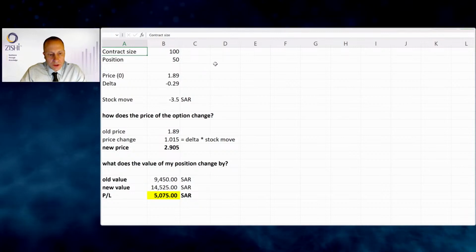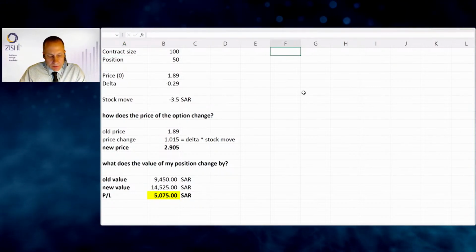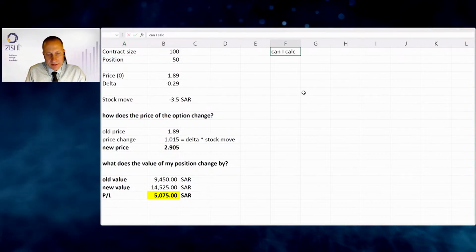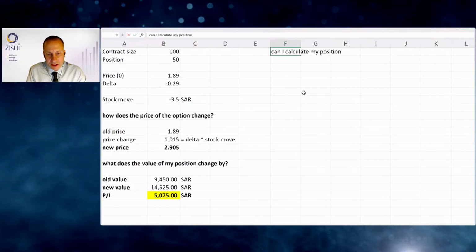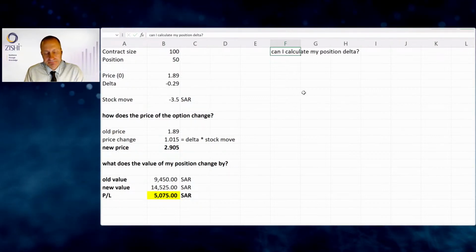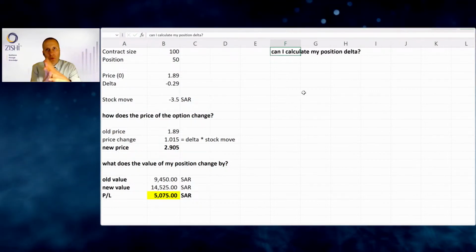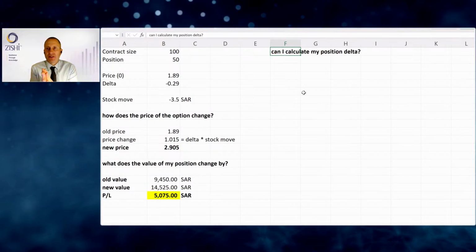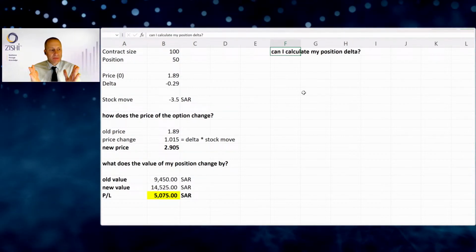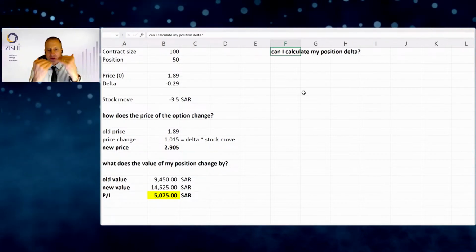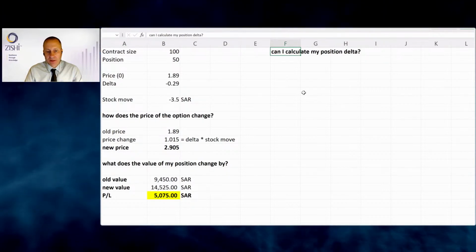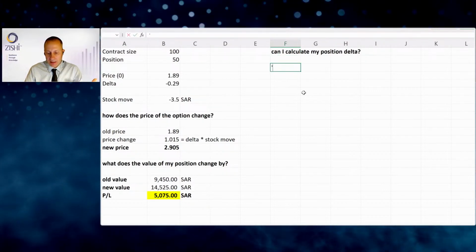The other way that you could work it out is you could say, can I calculate my position delta? As in, is there a number that I could say that the number of rial that I will make or lose as the stock price goes up or down by 1 unit? And I can.